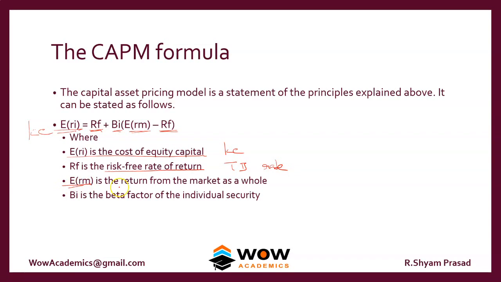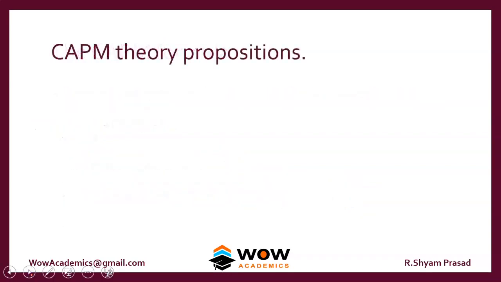ERM, expected return from the market, is the index return, and BI is the beta factor for that company. So if you are going to find out the beta for Britannia company, the beta for Britannia company we have to search for. So this is the format.